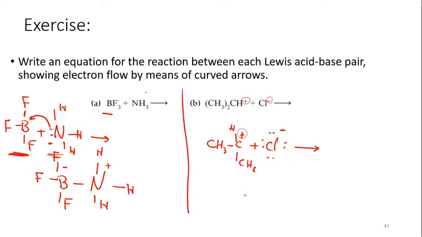So the covalent bond between the Lewis acid and Lewis base would form, and in that case, if I count the formal charge around my carbon right now, I could see that it has 4 electrons, so I don't have to write down the positive. And in here 1, 2, 3, 4, 5, 6, 7, I have 7 electrons around my chlorine atom, so I don't draw the negative charge. So I only draw when I acquire more positive or more negative charge.